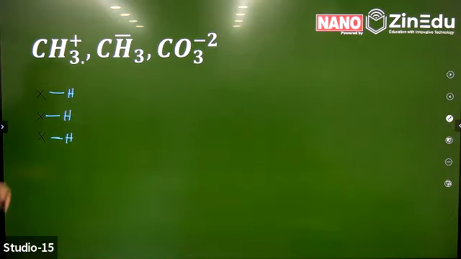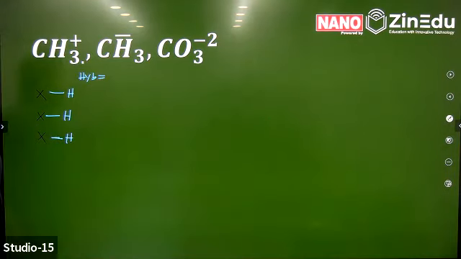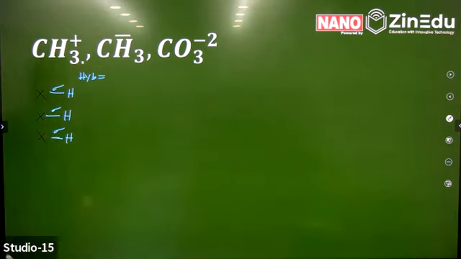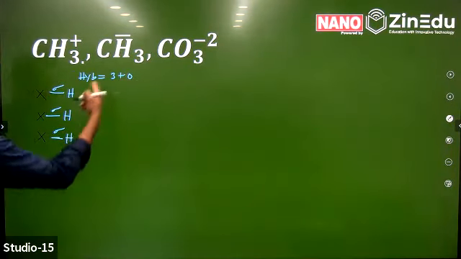Now write the formula: hybridization is equal to number of sigma bonds plus number of lone pairs. All single bonds are considered sigma bonds. So 3 sigma bonds, lone pairs 0, total count is 3.